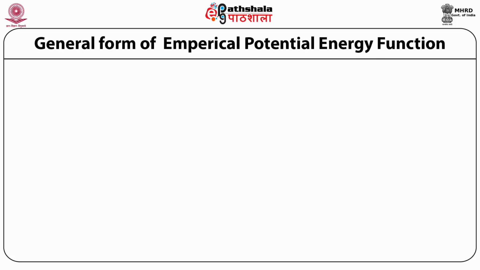General form of empirical potential energy function is given below. The potential consists of four terms: non-bonded, U non, electrostatic, U electrostatic, H bonding, U H bond, and torsional, U tor.